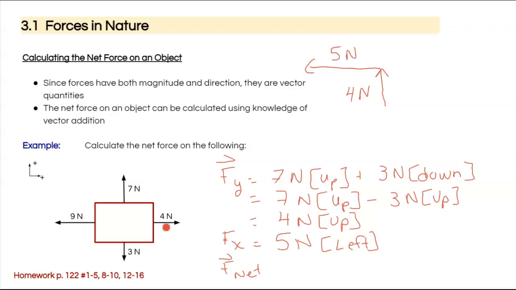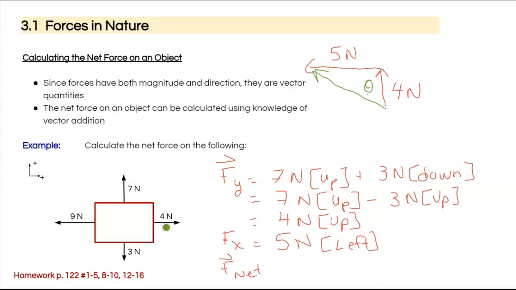Let me just get rid of this 4 newtons here, and I'll rewrite it on the other side. And I know that my resultant is going to be essentially in this direction.